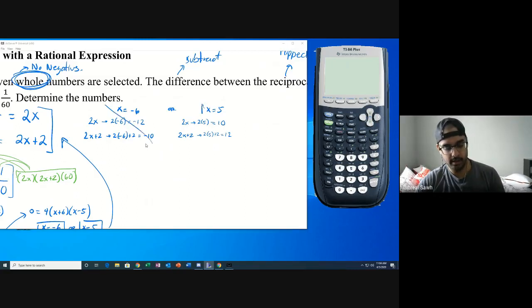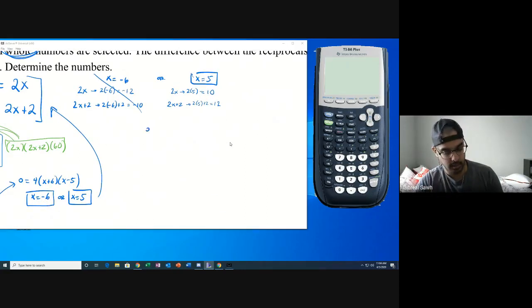So x equals 5 is the one answer from that quadratic equation that's going to actually give me the two numbers I need. So 10 and 12 are both even, they're consecutive, so they're 2 away from each other, and they satisfy this condition. So therefore, the two numbers are 10 and 12.